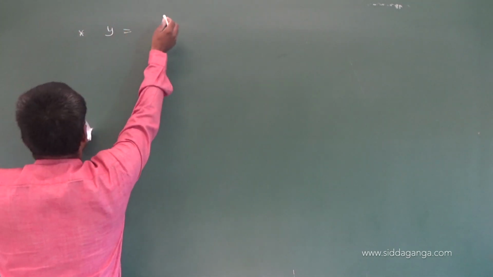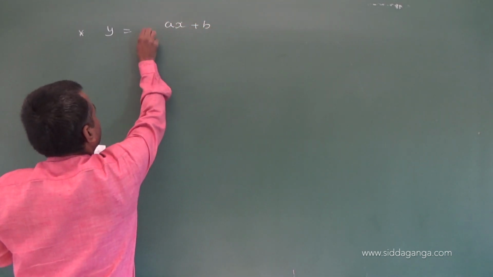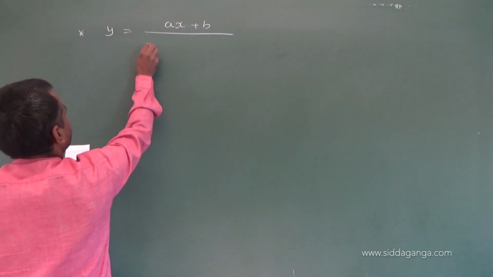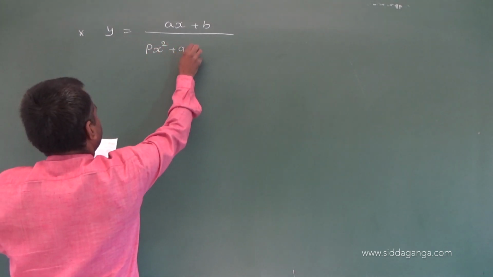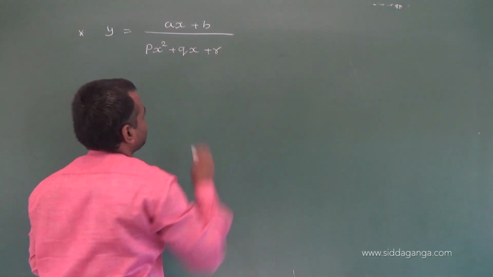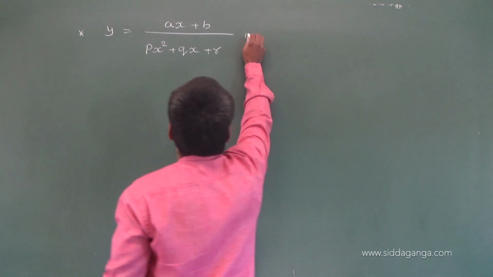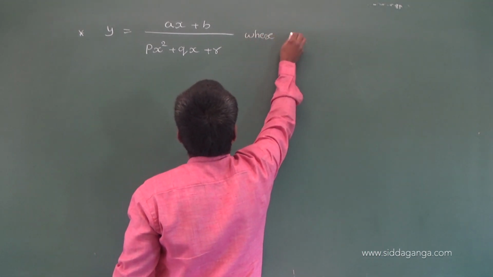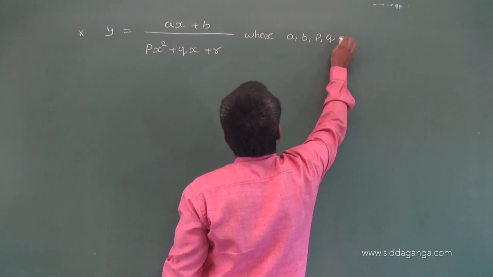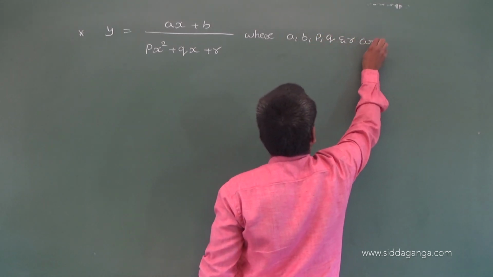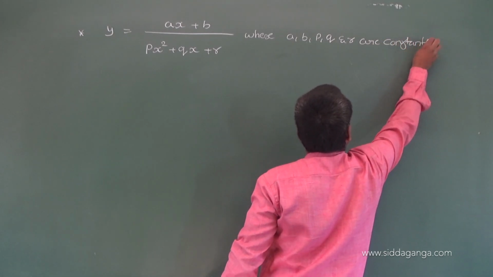Y is equal to (ax plus b) whole divided by (p x square plus q x plus r), where it is understood a, b, p, q and r are constants.